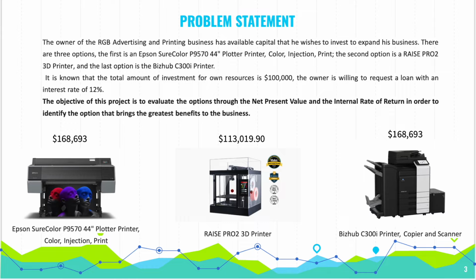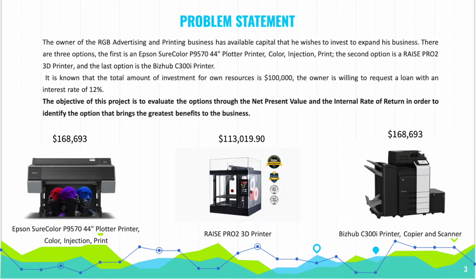You have three options. The first one is an Epson SureColor P9570 plotter printer, color inkjet print, which will allow you to optimize your large scale orders.